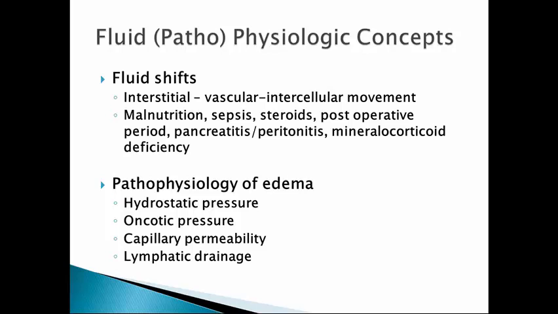So with that decrease in albumin and protein, which is a very big osmole, what happens to our oncotic pressure in the vascular space? Yes, it's decreased. So with a decrease in the albumin and protein level as a result of malnutrition, that decreases the oncotic pressure in the vascular space, and as a result, fluid is going to move into the interstitium.